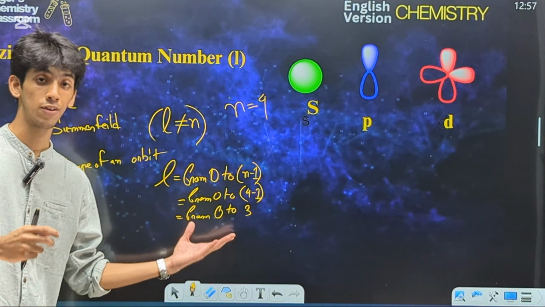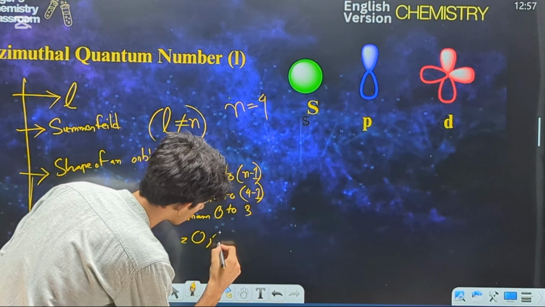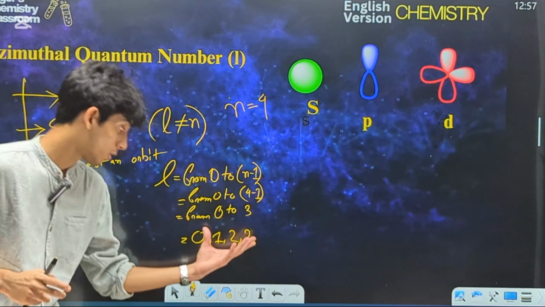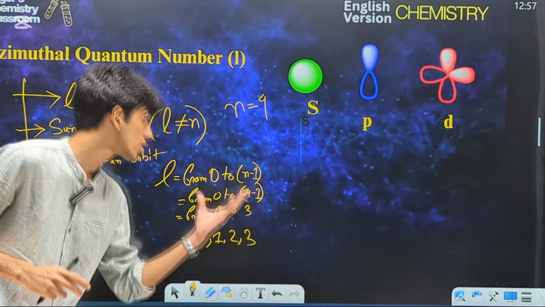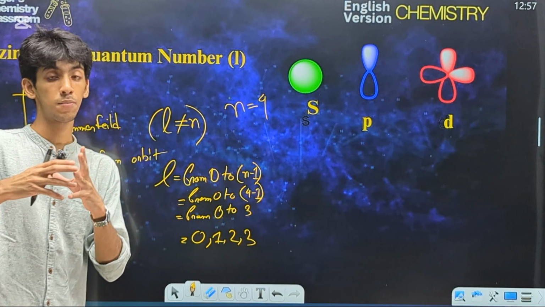So the value of L will be from 0 to 3. That means 0, 1, 2, and 3. But the value of L can never be 4, because there is a condition that L can never be equal to N.